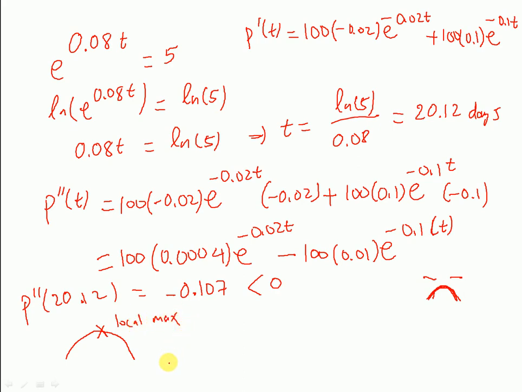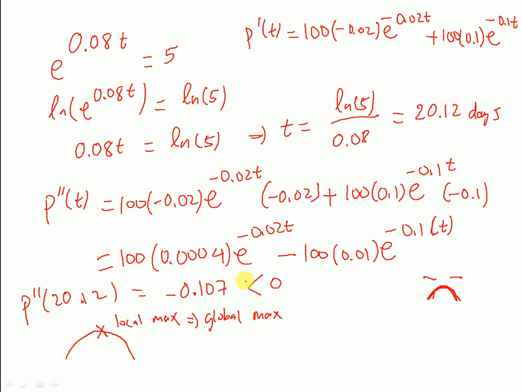Or we can say that this one is also the global max. If we only have one critical point, and this critical point gives a negative second derivative, or concave down, that means this critical point is in fact the global max value of the function.